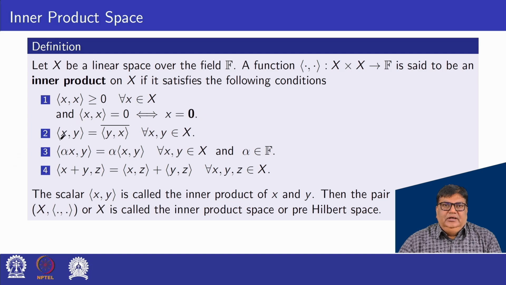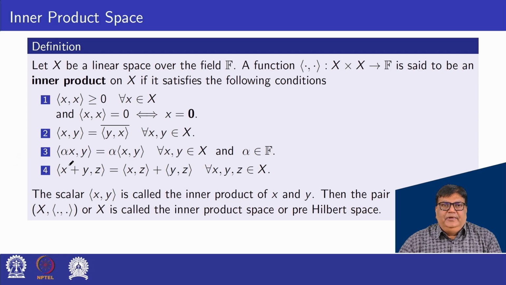Second, inner product of (x, y) equals the complex conjugate of the inner product of (y, x) for all x, y belonging to X. And for scalar alpha, inner product of (alpha x, y) equals alpha times inner product of (x, y) for all x, y belonging to X.